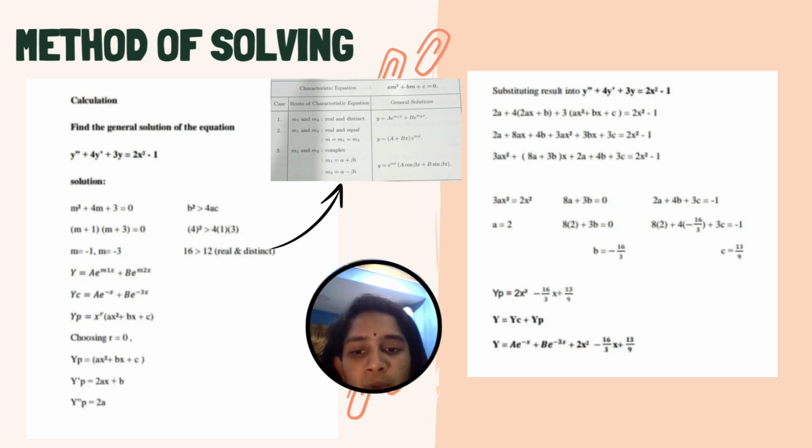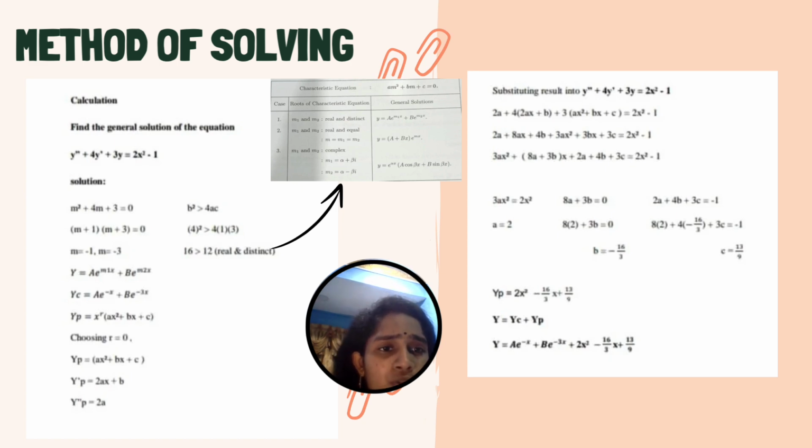We differentiate the yp equation first, so the equation will be 2Ax + B. The second time we differentiate, we get 2A. So we must substitute these into y'' + 4y' + 3y = 2x² − 1.